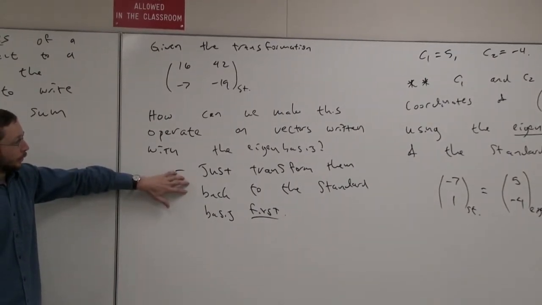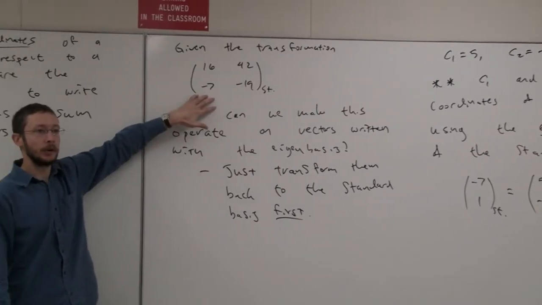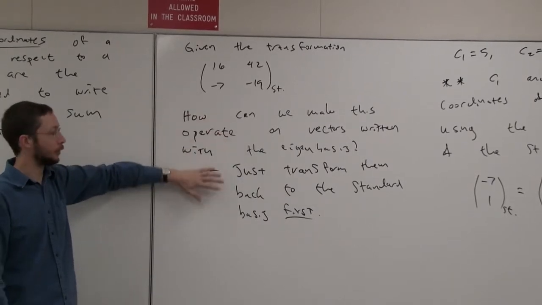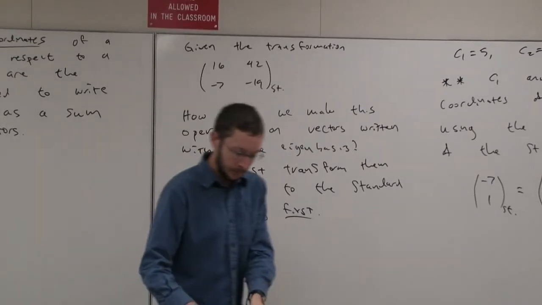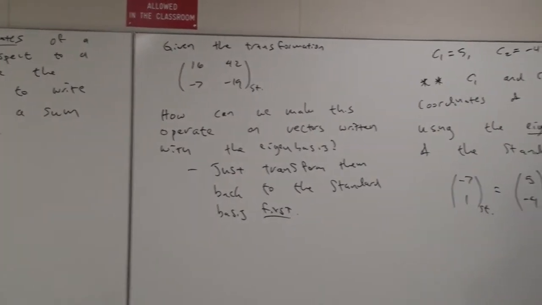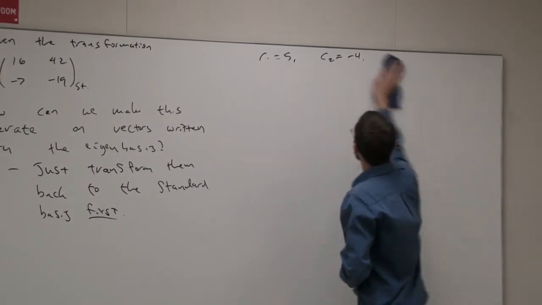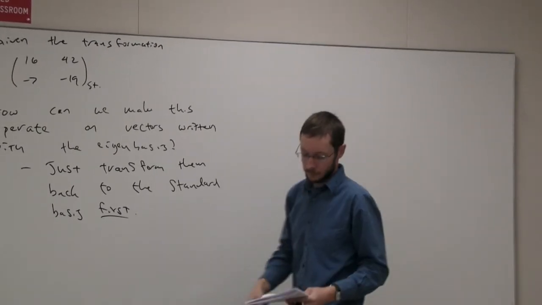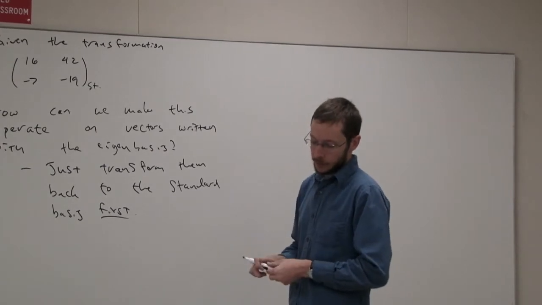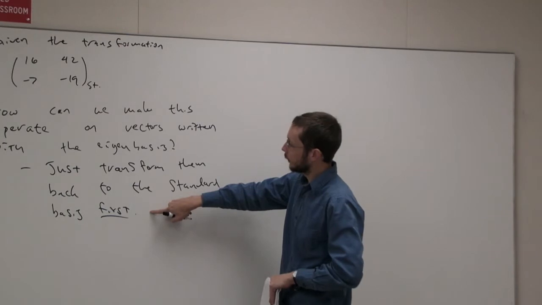You've got a vector written in terms of your eigenbasis. That doesn't match with this coordinate description, so just send it back to the standard basis and then it matches, right? And so let's create a matrix that does this, okay?